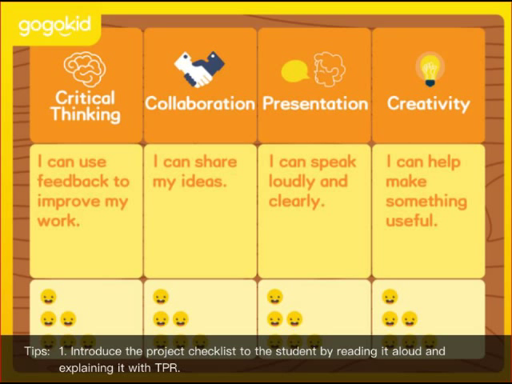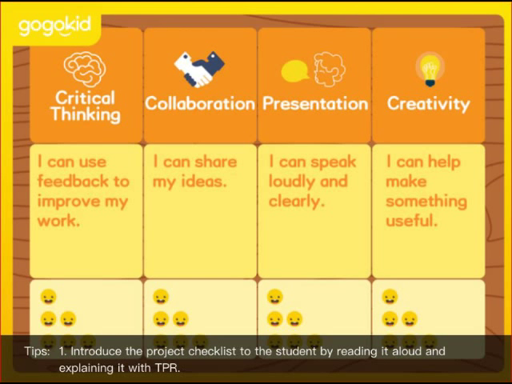And then I have the student read, "I can use feedback to improve my work," because at this level, most of the kids are able to read these words. And so I will then explain what that means to them and say, okay, so if something goes wrong, I want to see you think, how can I fix this?